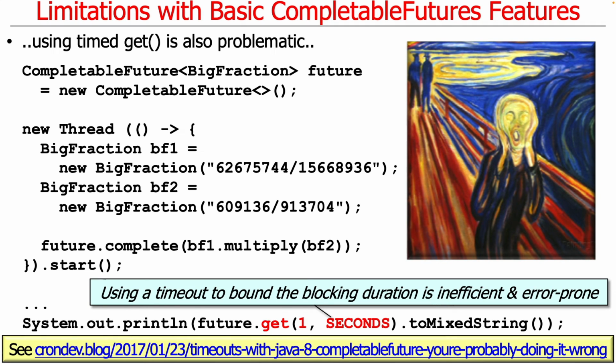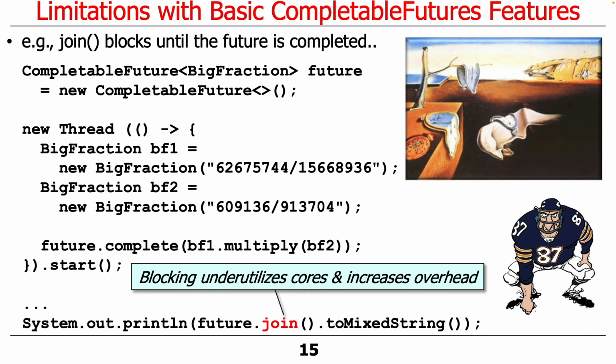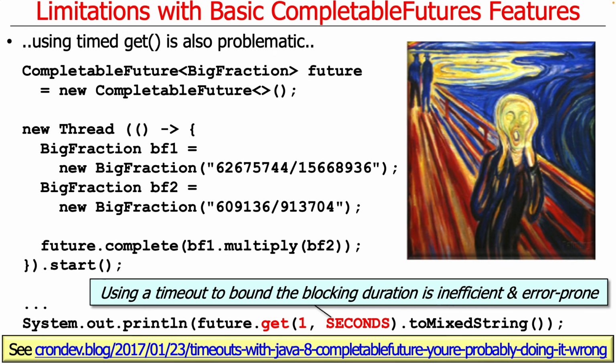Moreover, we are not in a position to use timed operations because join doesn't have a timed operation. So if we use get in this case, then we have to figure out how long to wait, which is tedious and error prone. And then, of course, we'd have to throw some kind of exception handling mechanism in here because get is a checked exception. So it's inefficient, it's error prone, it's ugly, and so on.